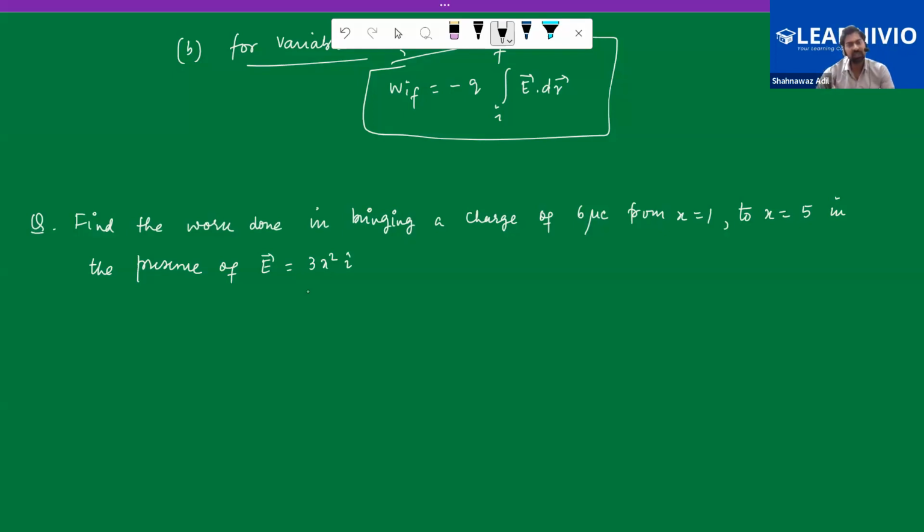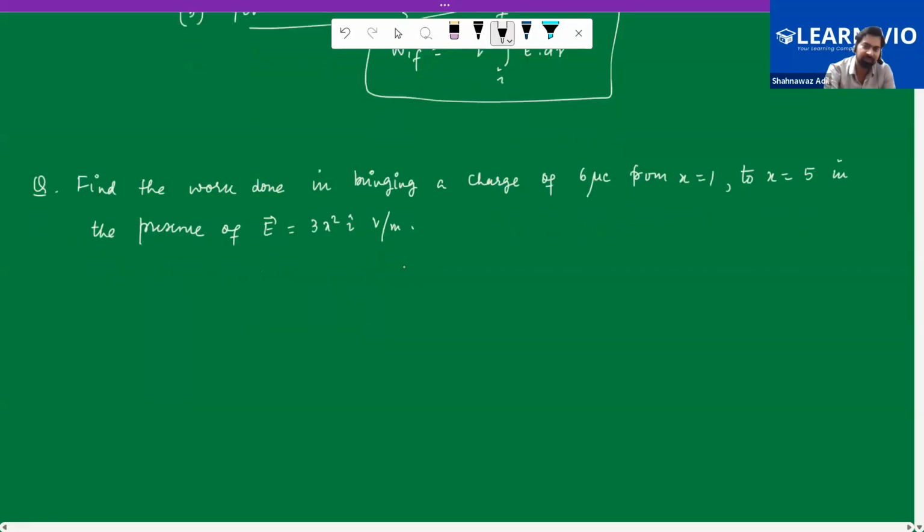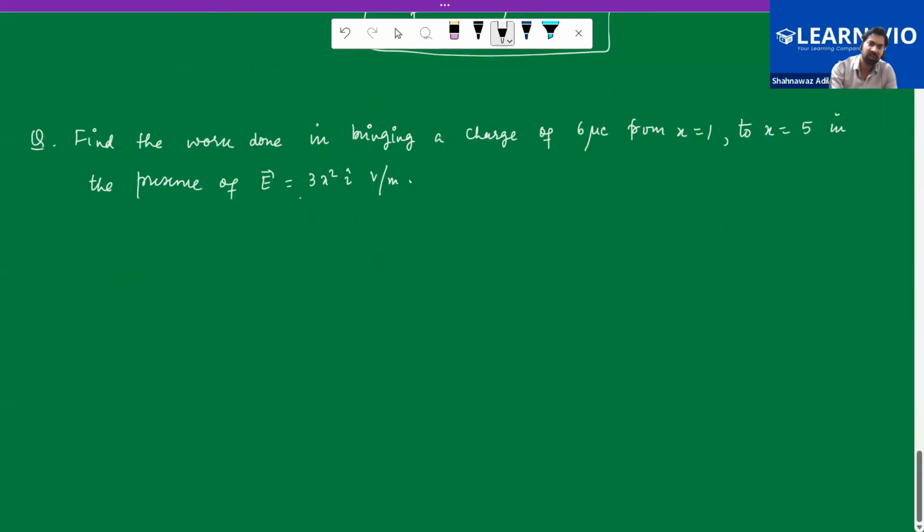So this is the electric field, in volt per meter. And we want to find out what is the work. What kind of electric field is this? So electric field is 3x square I hat. So this is variable, right?